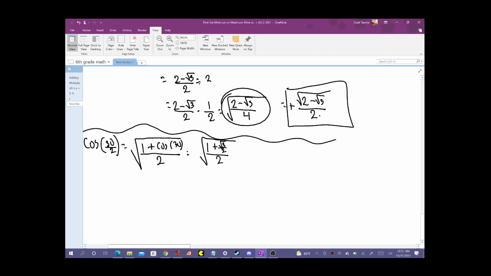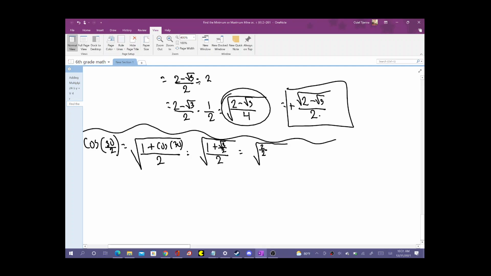over 2. This becomes, actually it's going to be 2 over 2. Sorry guys, give me a second. So it's going to be 2 over 2. The reason why I do that is because they have to have the same denominator for this.